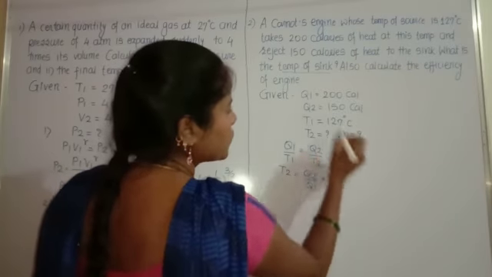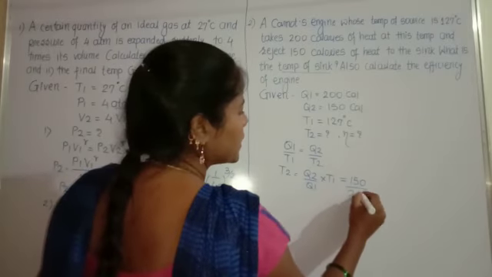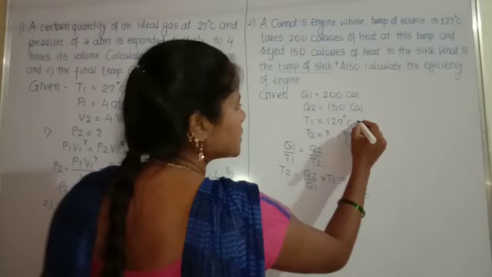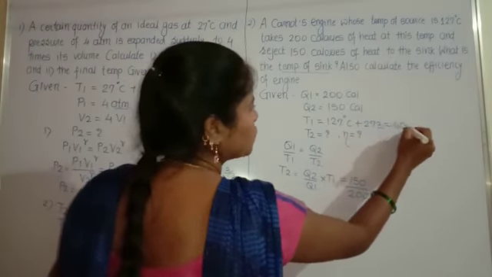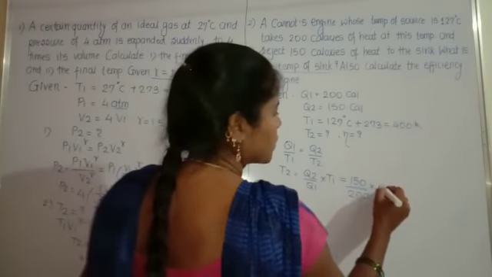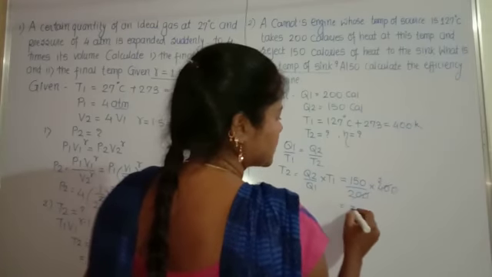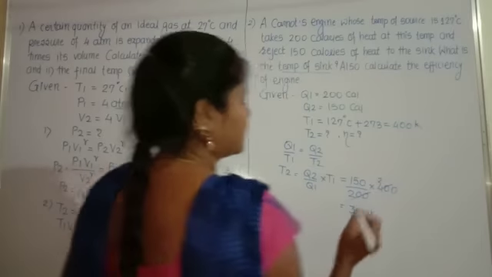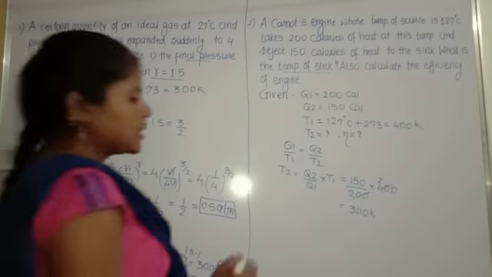Putting values, Q2 is 150 calories divided by Q1 200 calories, and T1 we convert by adding 273, which is nothing but 400 Kelvin, into 400. So 2 into 200 is 400, and we get the answer 300 Kelvin. The temperature of the sink is 300 Kelvin.